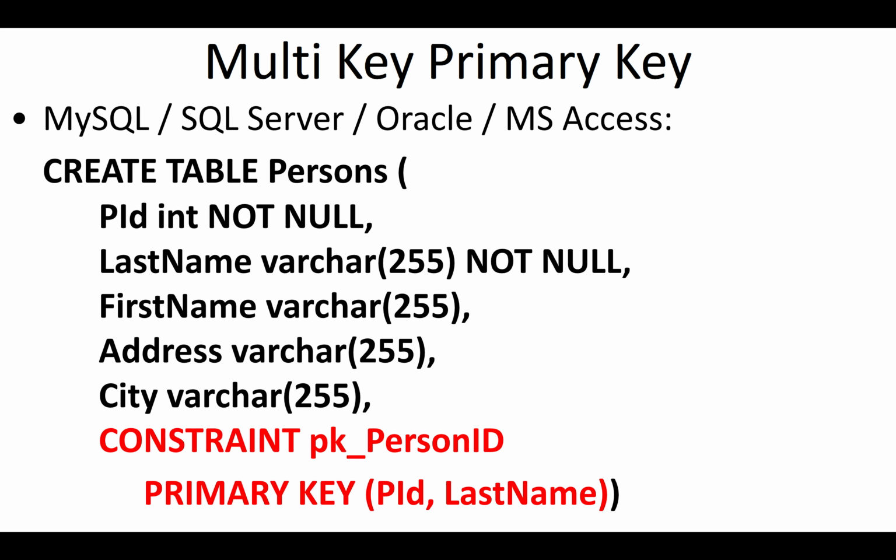That needs to be unique. The combination of the two needs to be unique. So those two now cannot be null. And the combination needs to be unique, meaning that last name could repeat. So two people can have the same last name, but combined with the primary key, it cannot be the same. The combination cannot be the same.